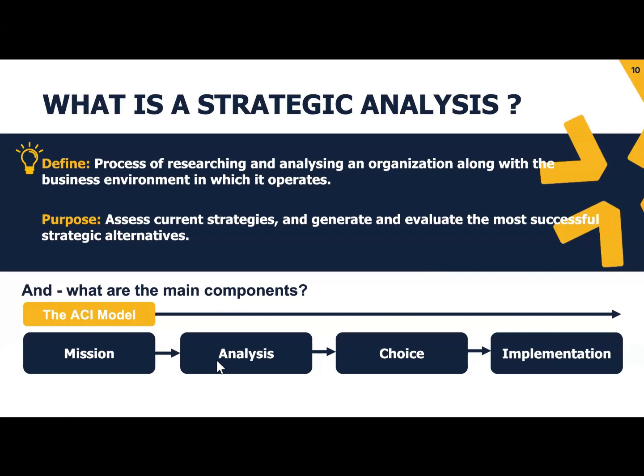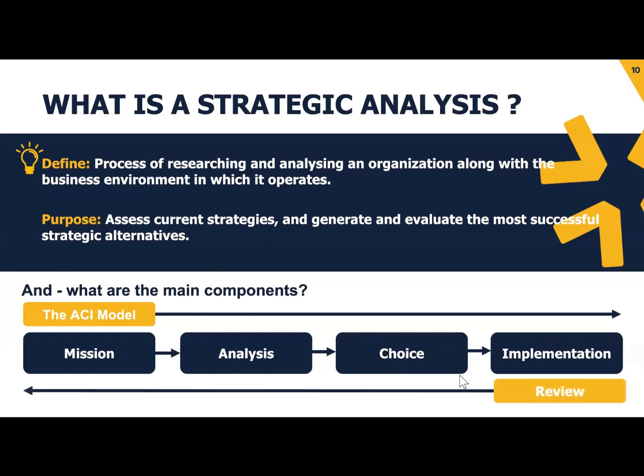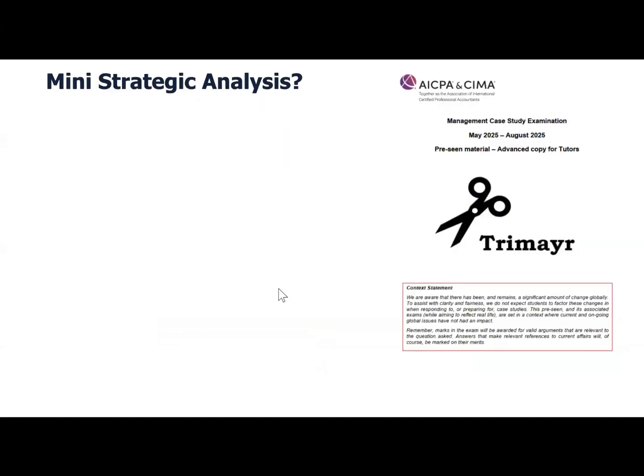That will help you come up with options or choices as referred to here. Once you've come up with 3 or 4 options, choose one and then implement it. Where do you go from there? Well, go back round in a loop. So really this idea of strategic analysis is in this phase of the ACI model, part of the bigger picture of trying to formulate strategies.